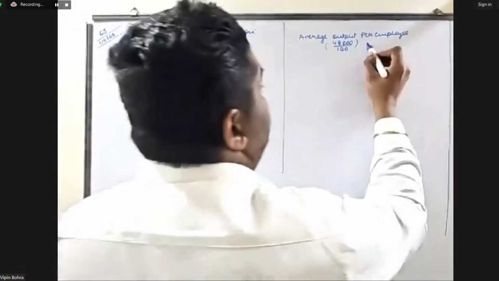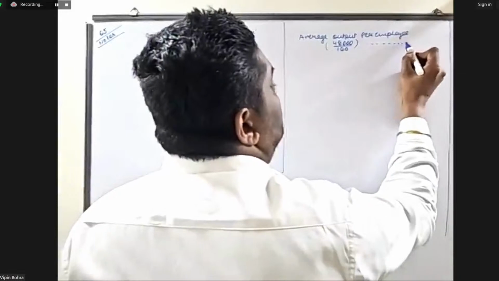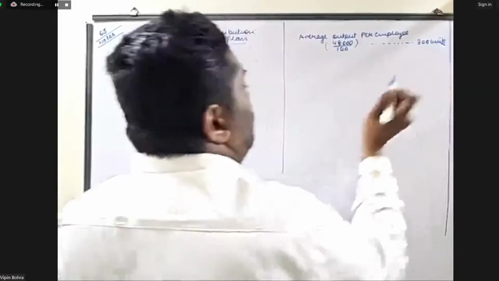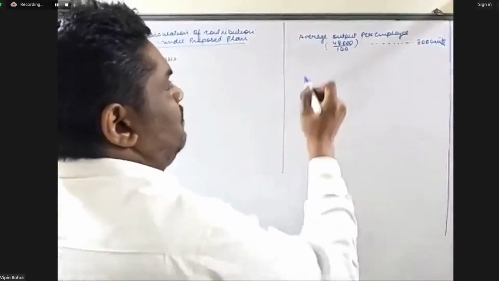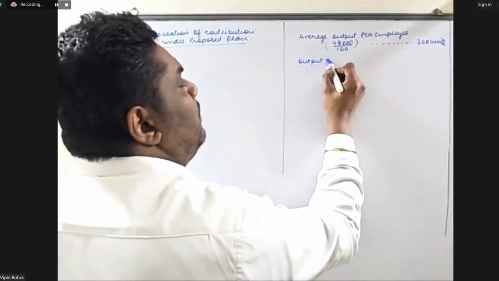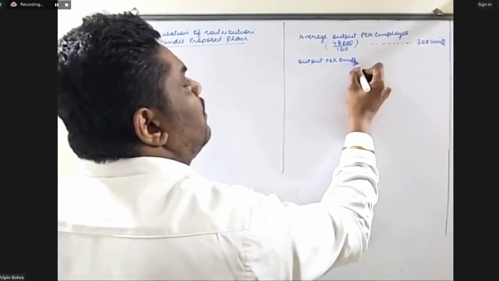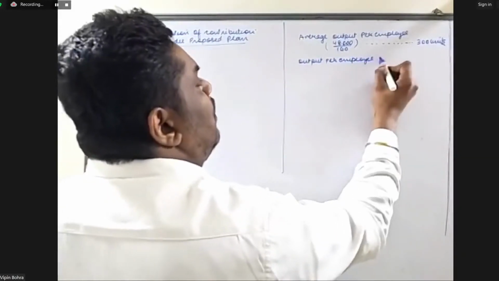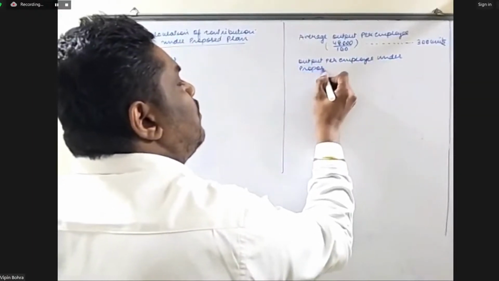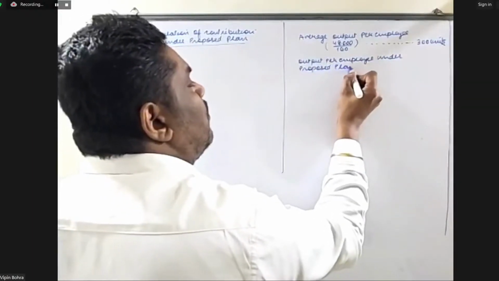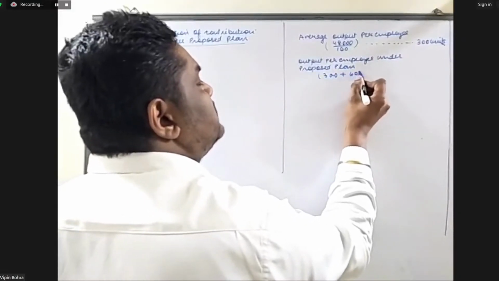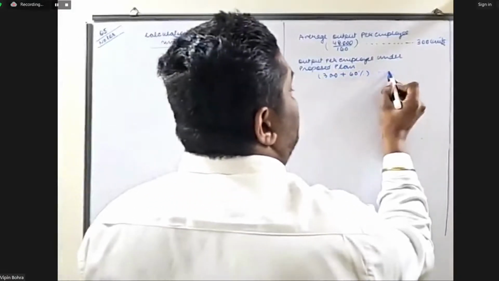So it is 300 units. Output per employee under the proposed plan will be 300 plus 60%. So this will be 480.